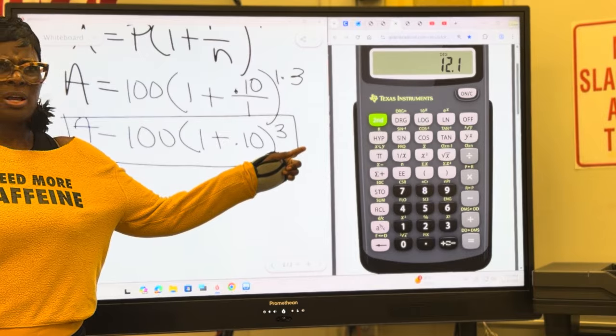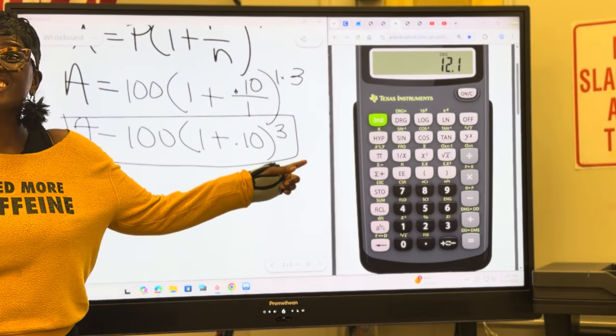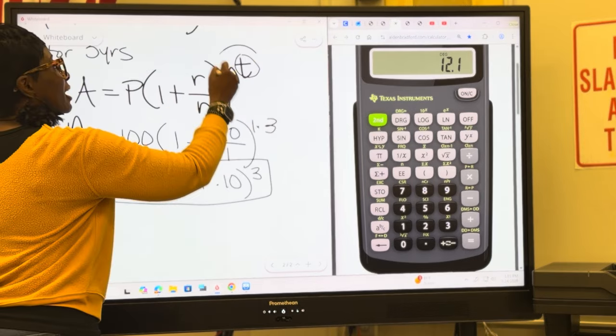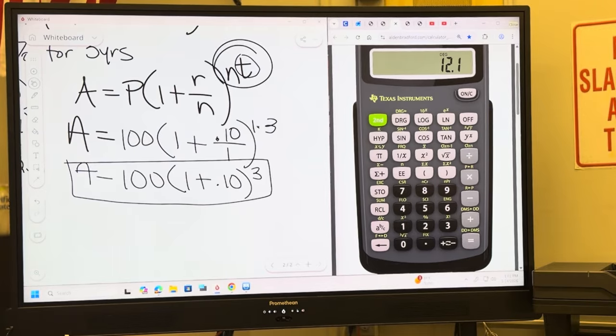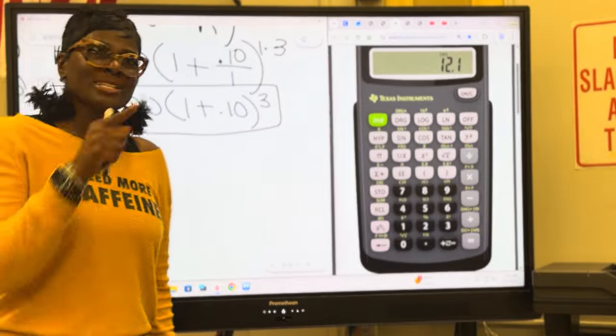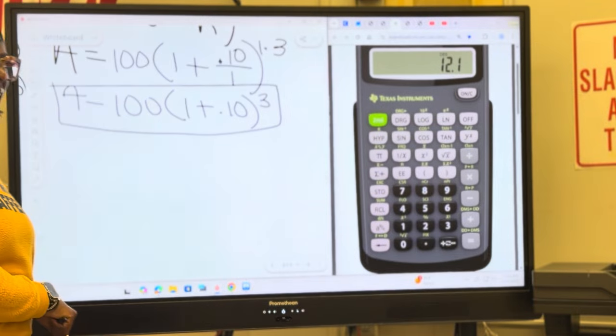No. Is it quadratic? No, because it would be a 2. It is exponential. But we knew that because the exponent was a variable. If the exponent is a variable, it is exponential. Are y'all with me? Yes? So compound interest is what type of function? Exponential. Every time. All right?